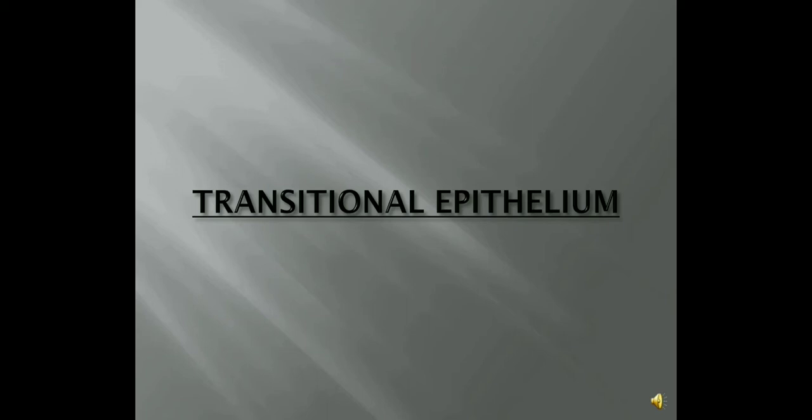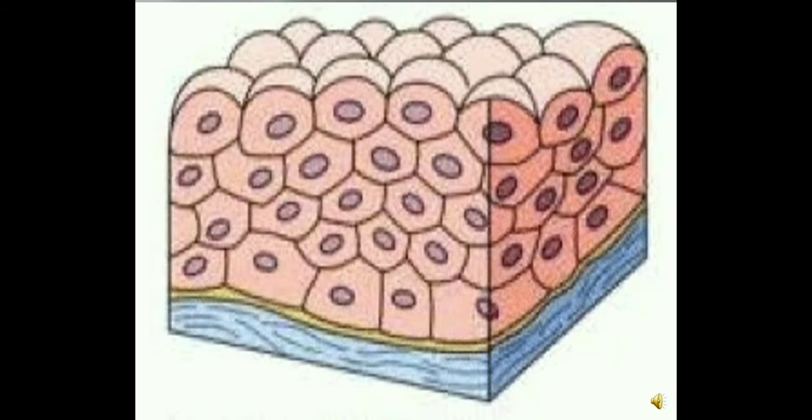Second is transitional epithelium. In this, you'll see the structure. The structure of transitional epithelium is the same as that of stratified epithelium. Here, the cells can undergo a change in their shape and structure depending on the degree of stretch.